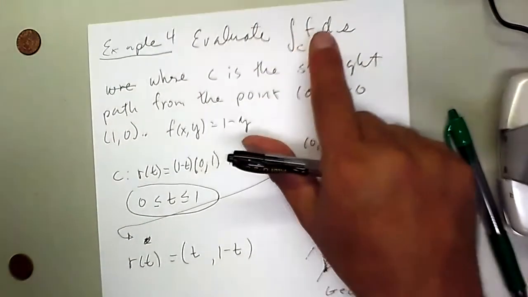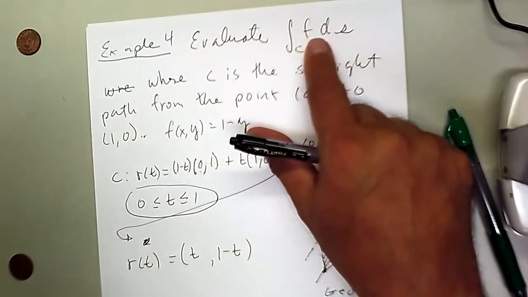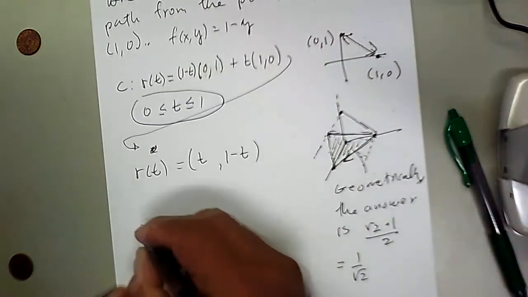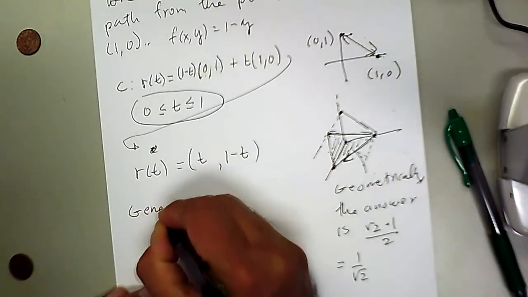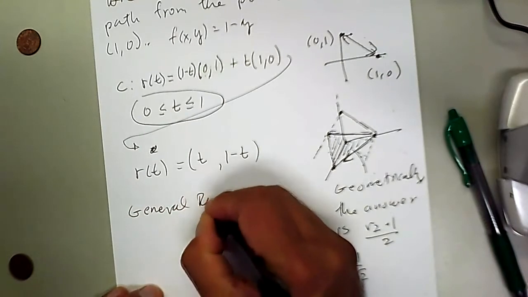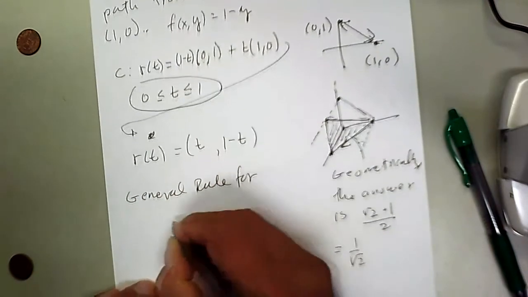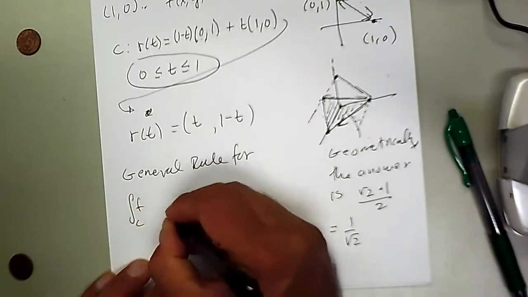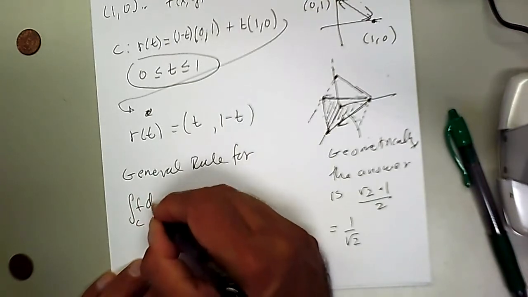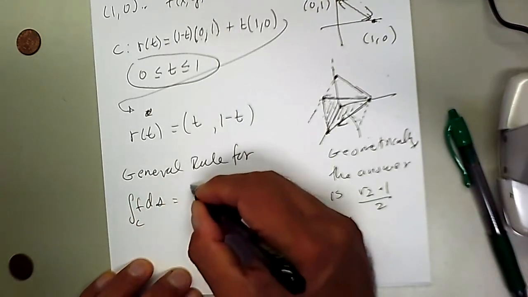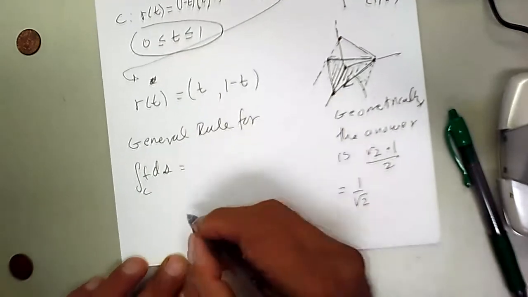I did not write the general rule for this, how we find this. So let me write this down. General rule for the integral of f on a curve with respect to the length. And that is, I'm going to write it underneath.